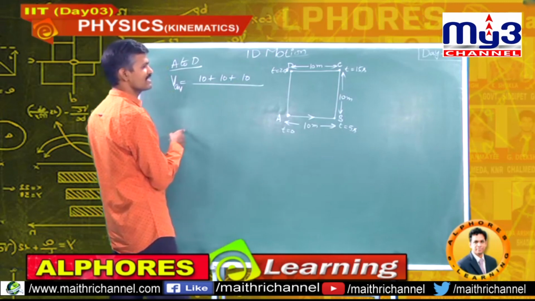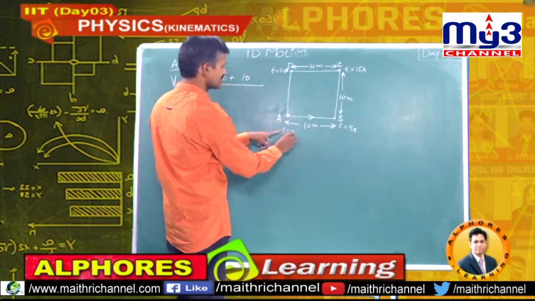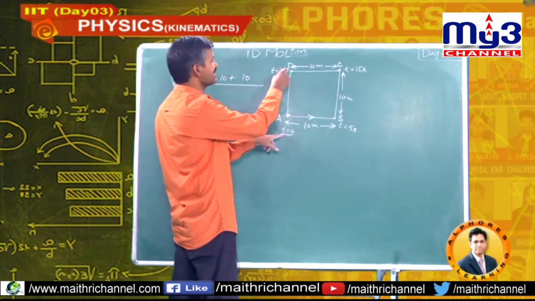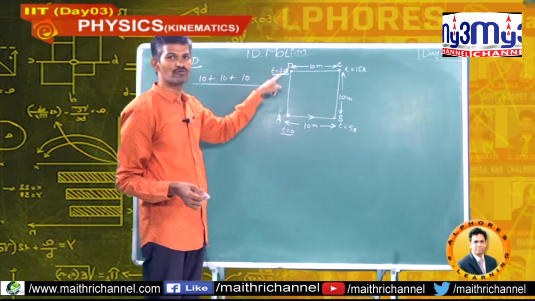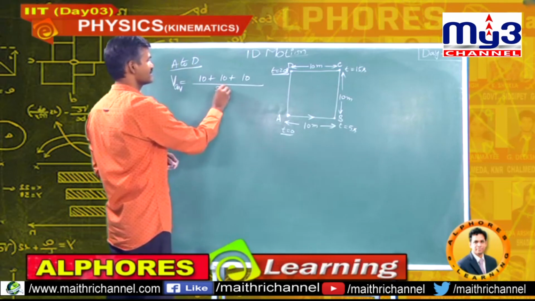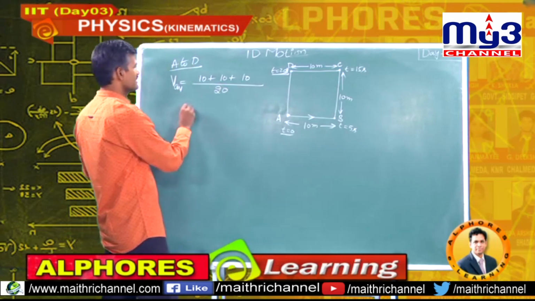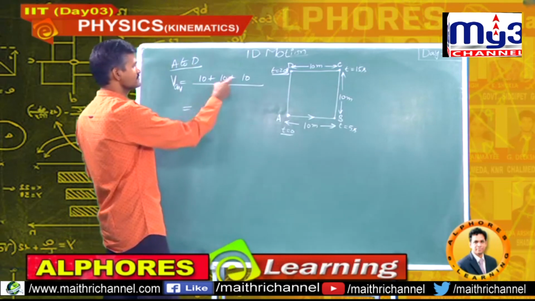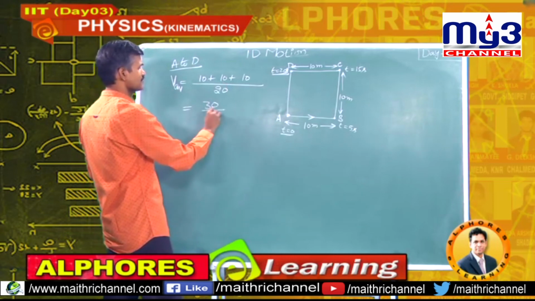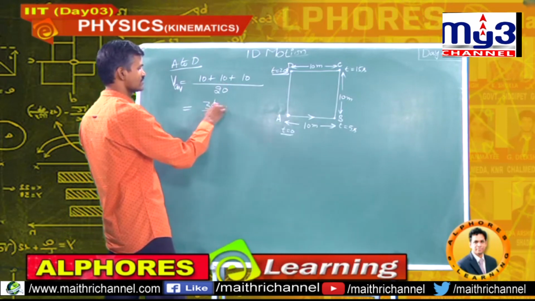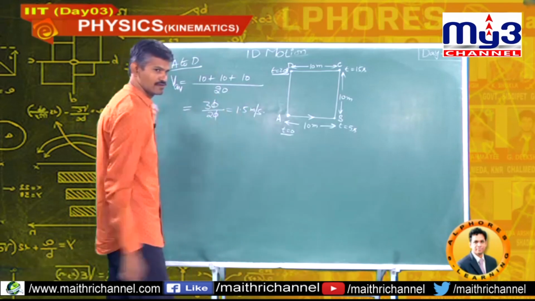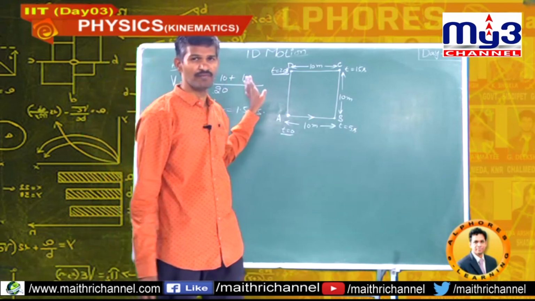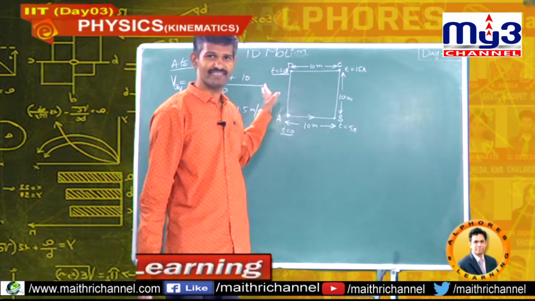Total time taken is 20 seconds, since it starts at t equal to 0 and the journey ends at t equal to 20 seconds. So, average speed is 30 by 20, which on cancelling gives 1.5 meters per second. Okay? This is one simple problem. You can solve many problems like this.